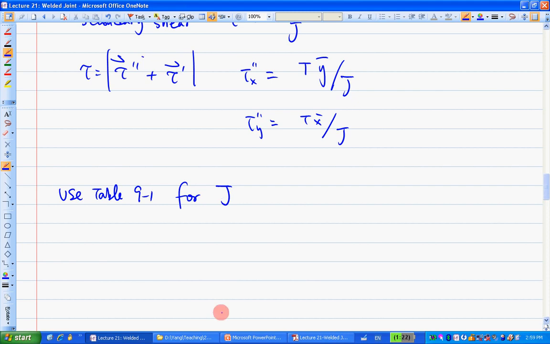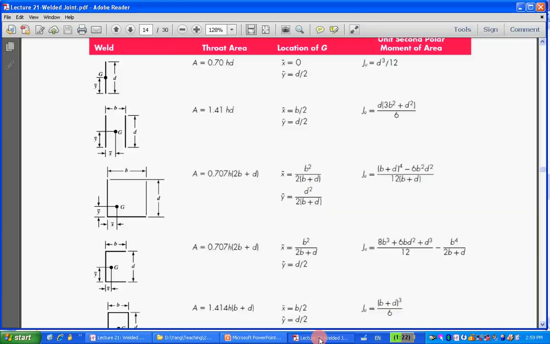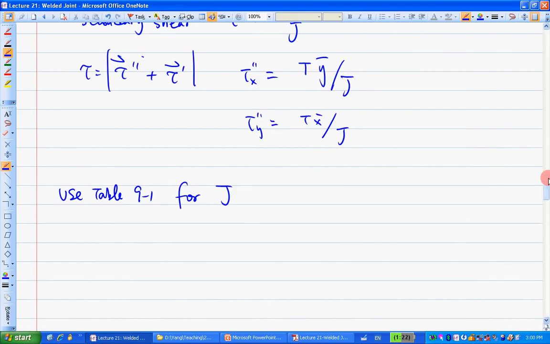For this table, number one, they are considering a unit throat length, t. So here, basically, you see that they just draw a line.